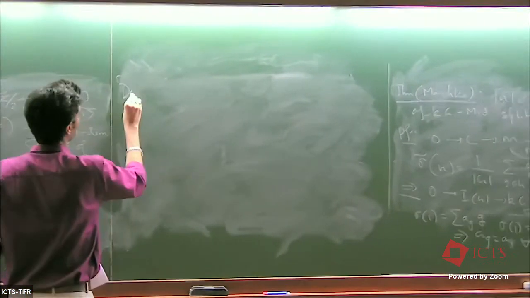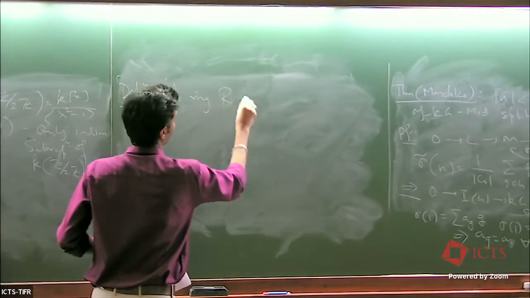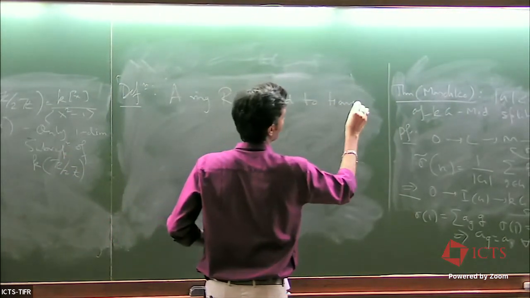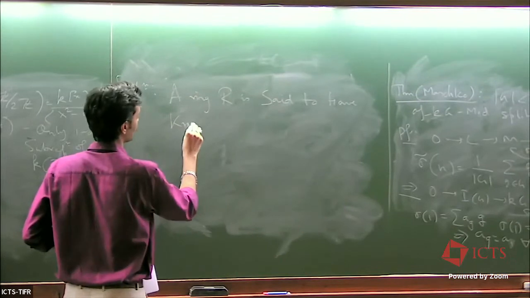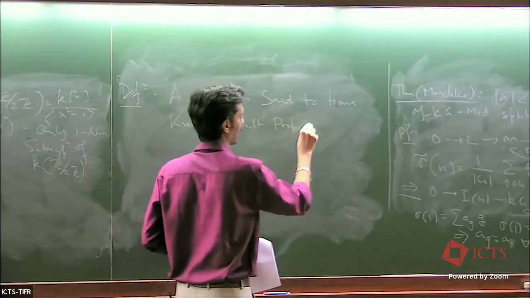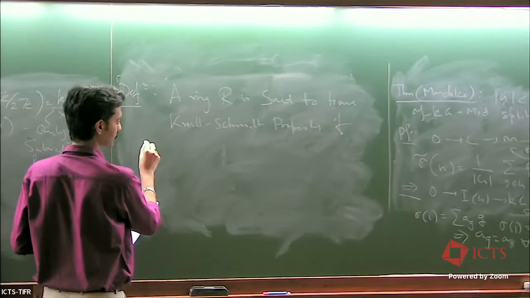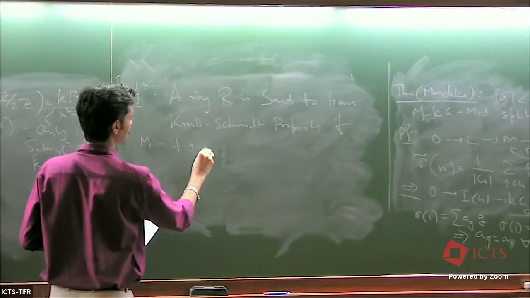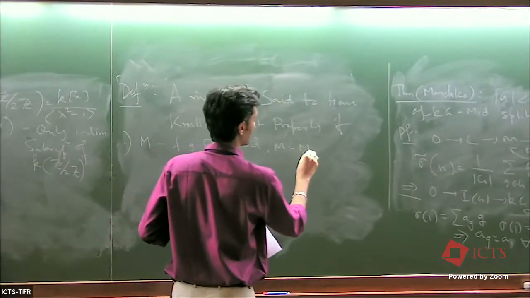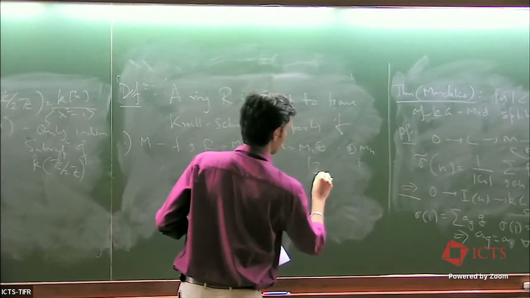Okay. So definition: a ring R is said to have the Krull-Schmidt property if firstly for any finitely generated R module, M can be broken into a finite number of indecomposables.